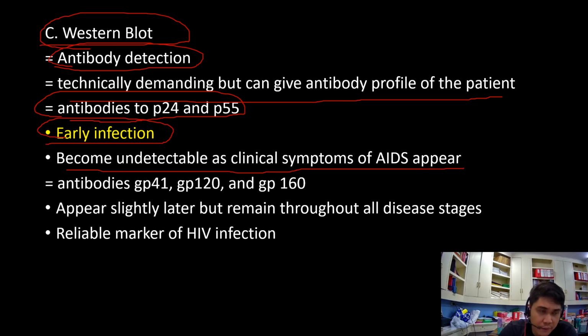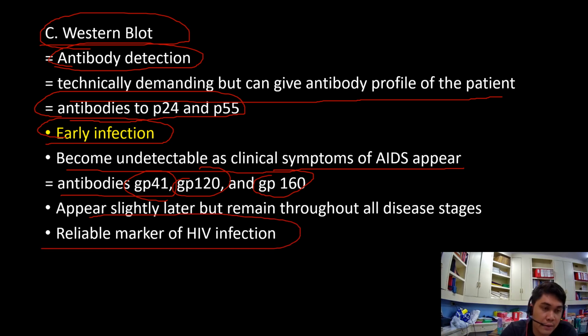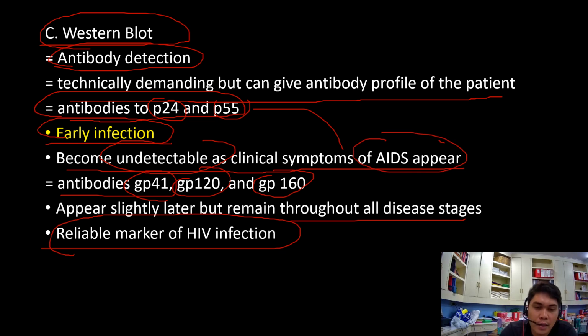Now, if the result is positive for antibodies against GP41, 120, and 160, these antibodies are a reliable marker of HIV infection. They appear slightly later but remain throughout all disease stages. So antibodies against P24 and P55 may disappear or become undetectable during the appearance of AIDS.